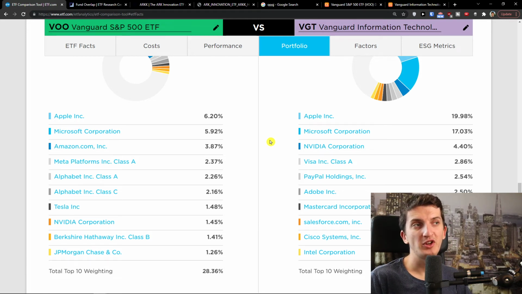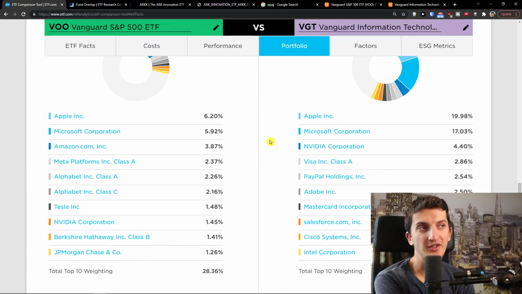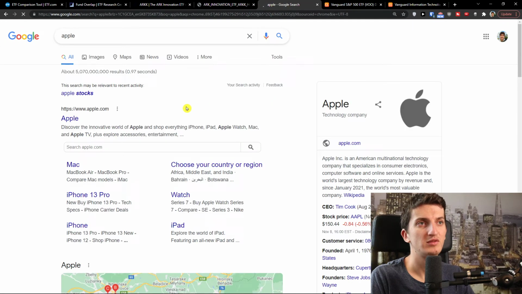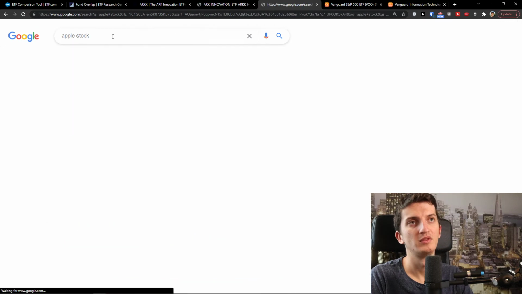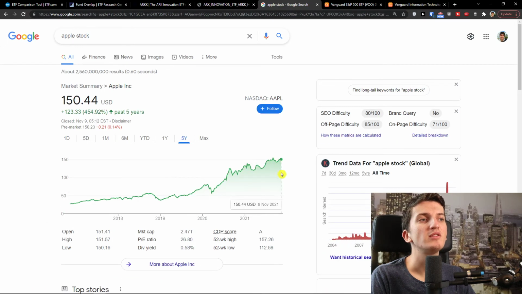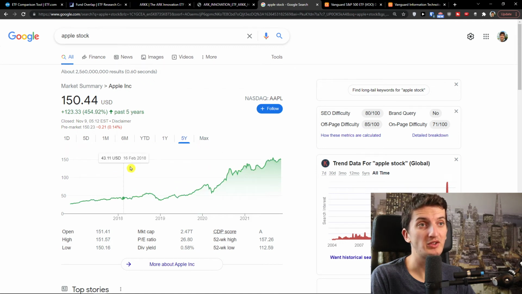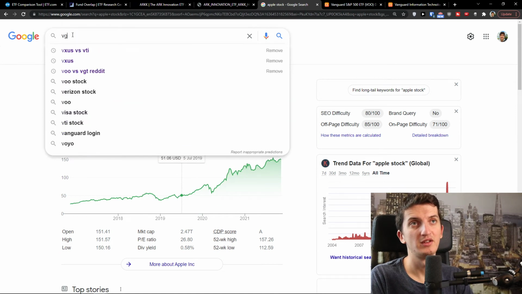Let me know down below and comment your thoughts on this. Maybe you will say, okay, I'm fine with that. It's all right because Apple and Microsoft Corporation, both of these companies are great. But still. And when we look at the Apple stock, let's check it out. See, it was performing really good in the last 5 years. So I understand the growth here, right?